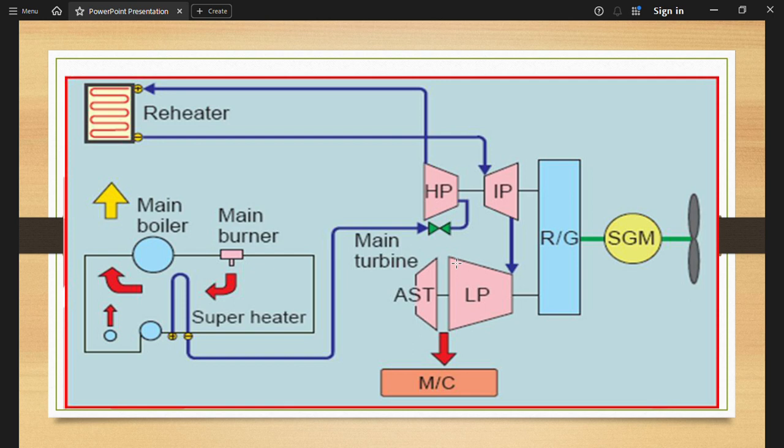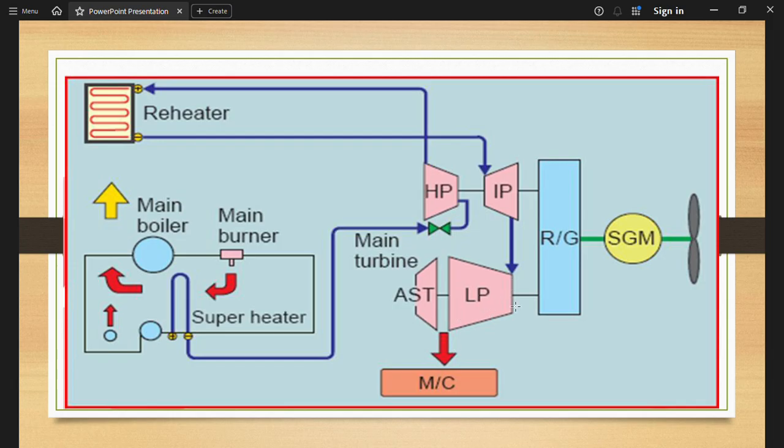Now in the same way you see the marine boiler, then here you see the superheater, and then we have the main boiler. This is going to the main turbine, that is HP, and then we also have what is known as the LP turbine. After this the return goes to the reheater, and then again it will go to the IP, and then again it goes to the LP, that is low pressure.